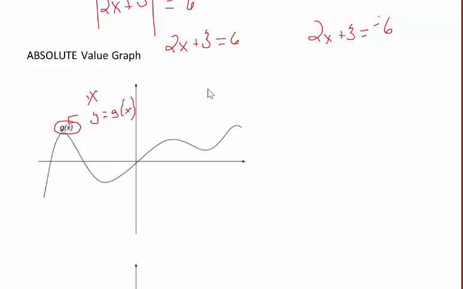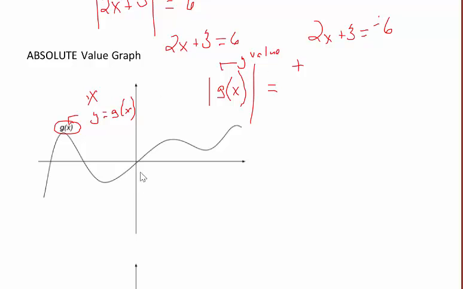Now, what if they said, and this you might see on the ACT or the SAT, which graph would be the absolute value of g of x? Let's remind ourselves the absolute value cannot be negative. It must be positive. So looking at this, g of x is the same as the y value.